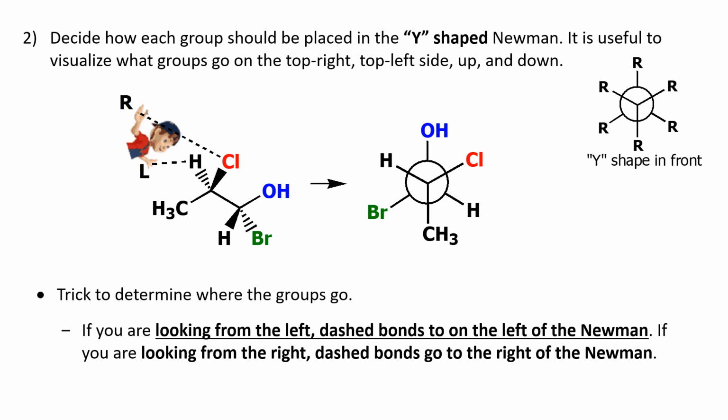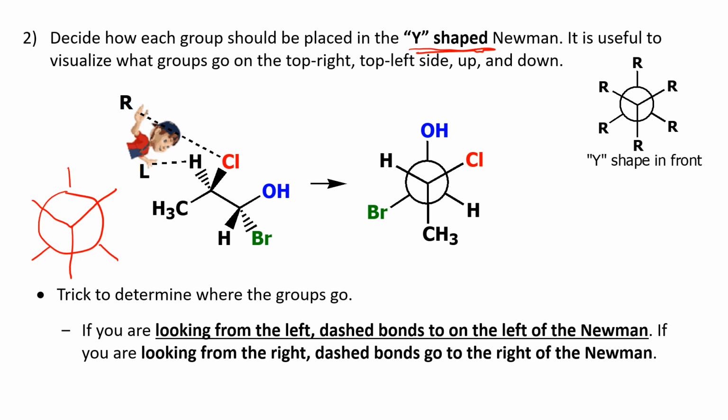Step two, we're going to decide how each group should be placed in the Y-shaped Newman. So our basic template now for any Newman projection, noticing that there's a Y in the front, there's your Y, and we're just going to fill everything in as we go here.